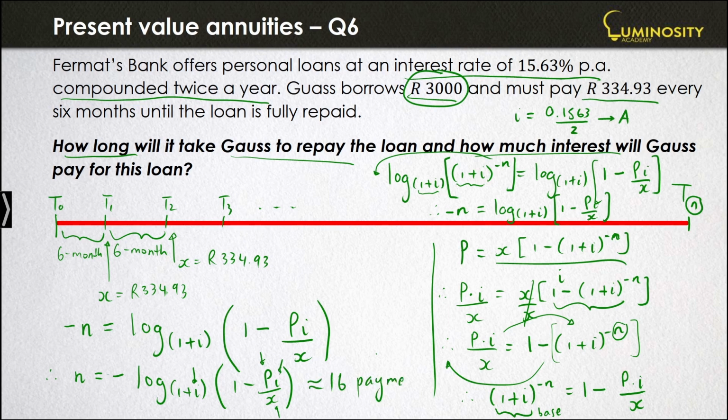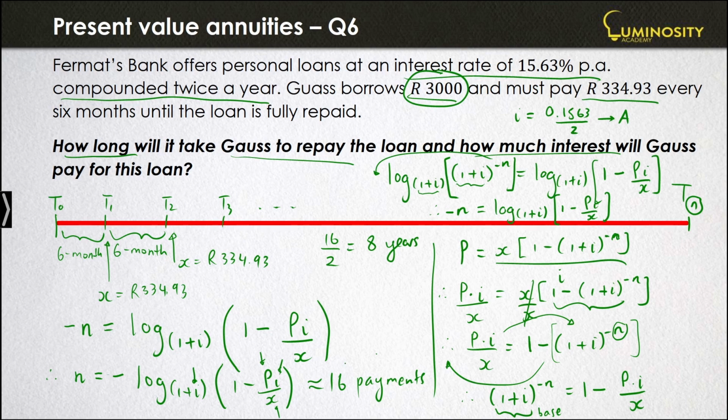But what does the 16 payments mean? It means you're making 16 payments, and all of those are going to be 6 months apart. So 2 payments in a year. And if you're making 16 payments, 16 divided by 2, that is 8 years of payments. Because remember, every year you're making 2 payments. So 2 payments in the first year, 2 payments in the second year, 2 payments in the third year, all the way up to the 8th year.